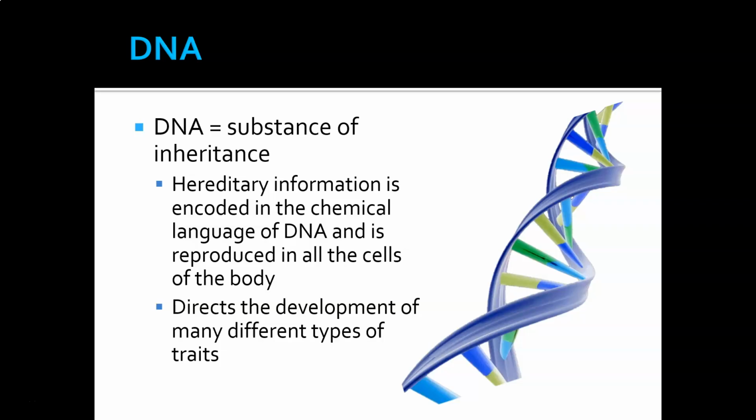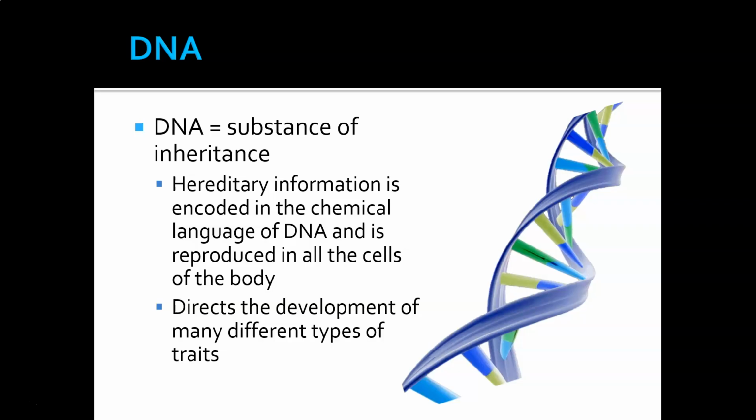What's the sequence of the A's, T's, C's, and G's? And that code then gets translated into proteins, and those proteins are what drives your cell's structure and function. We need to be able to make copies of this DNA in order to make more cells as well as to make more organisms.